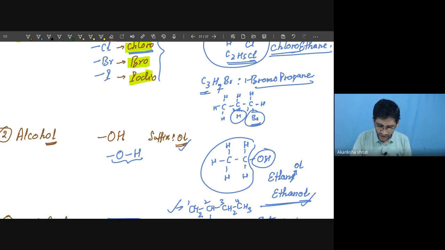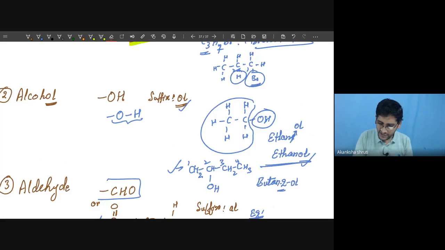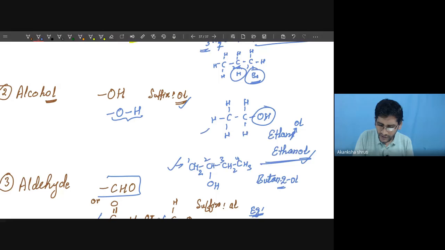For example, the molecular formula is C2H5OH. Do not write this as C2H6O. No, this will give a wrong notion or wrong kind of representation, because it may be possible to form an ether or other functional group isomerism.